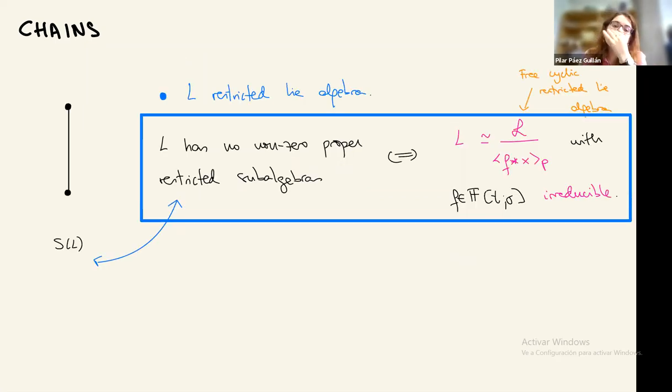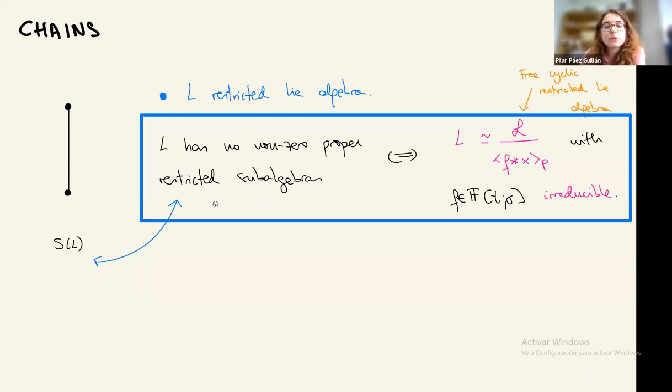And not really surprisingly, we've got this result. Note that if I pick a non-zero element, the subalgebra generated by it must be the whole L, as there are no other proper restricted subalgebras. So my algebra will be cyclic, and in particular abelian. And once again, the structure of module over the skew polynomial ring comes to help us.